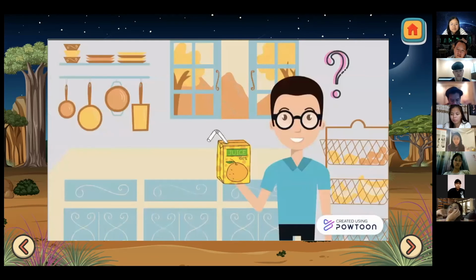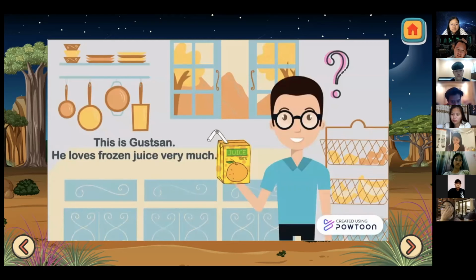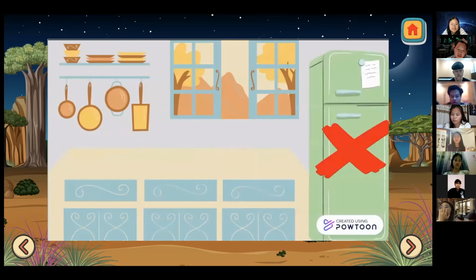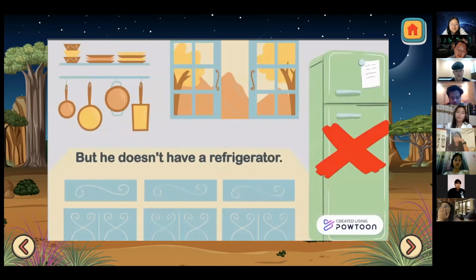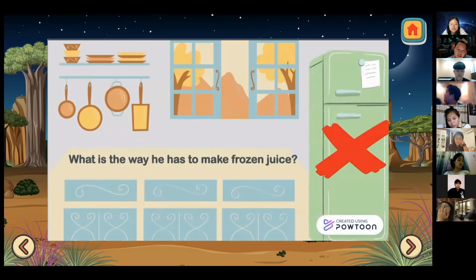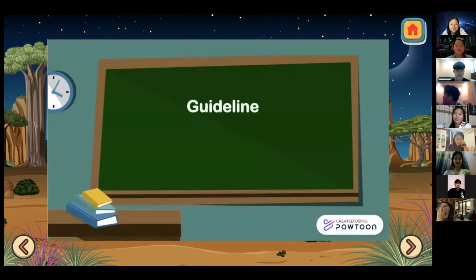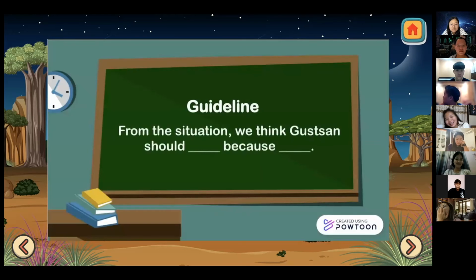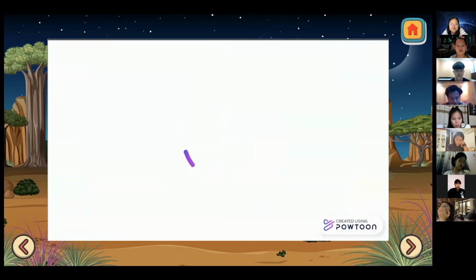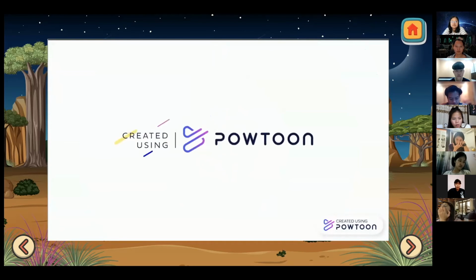What is the way he has to make frozen juice? This is Gust-san. He loves frozen juice very much. But he doesn't have a refrigerator. What is the way he has to make frozen juice? Guideline. From the situation, we think Gust-san should blank because blank. Created using Powtoon.